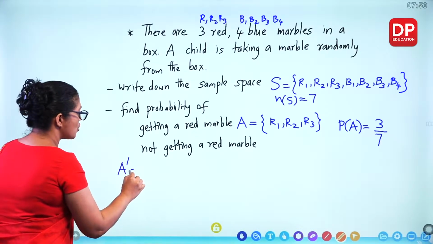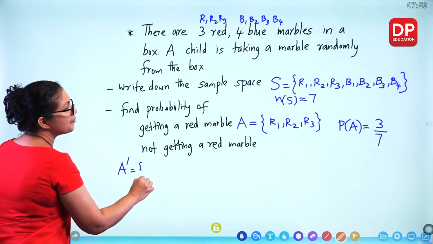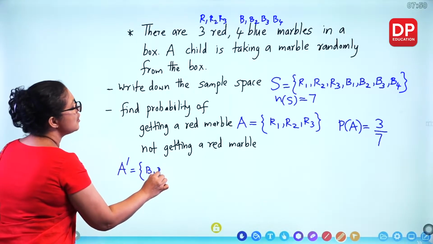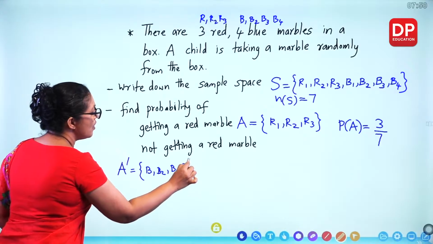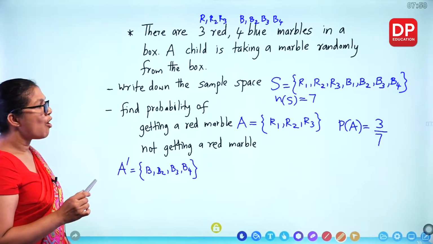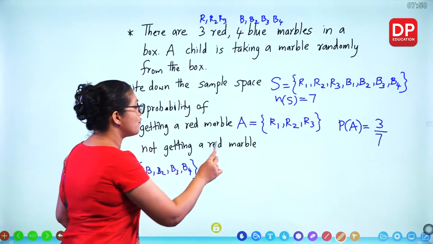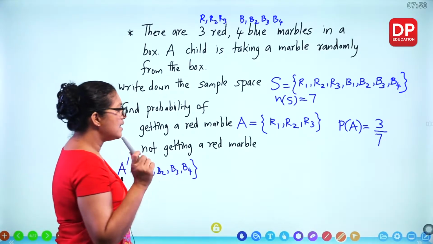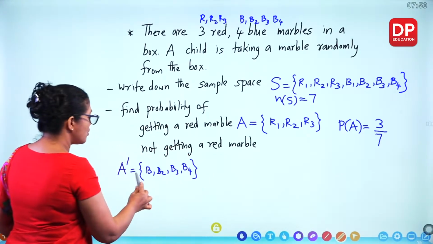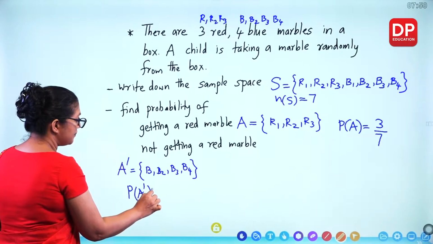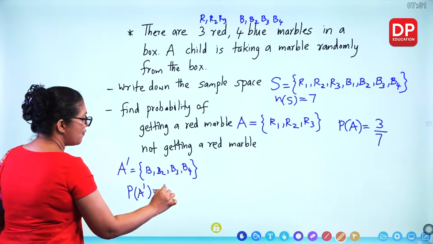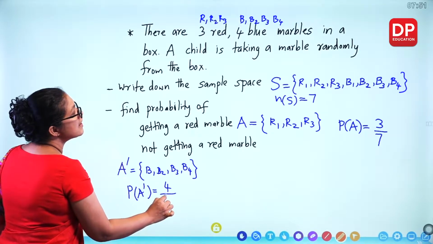So A dash is B1, B2, B3, B4. If you want to find the probability of not getting a red marble, you can either count these and write down probability of A dash is 4 out of 7.